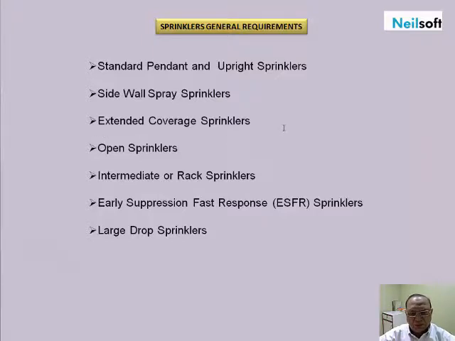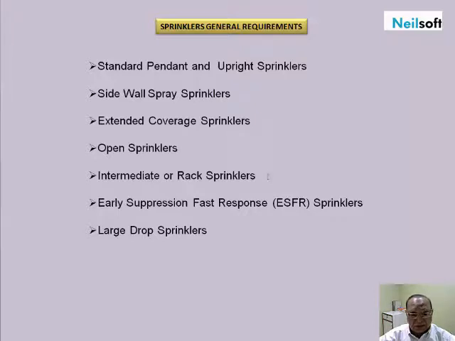Extended coverage sprinklers are also used where the area required to be covered is slightly more than the standard sprinkler coverage, to save a number of sprinklers. Open sprinklers are generally used for the purpose of cooling surfaces, like medium velocity spray systems and high velocity water spray systems.